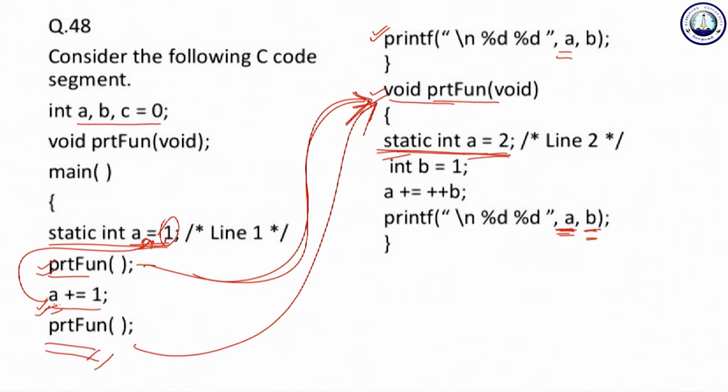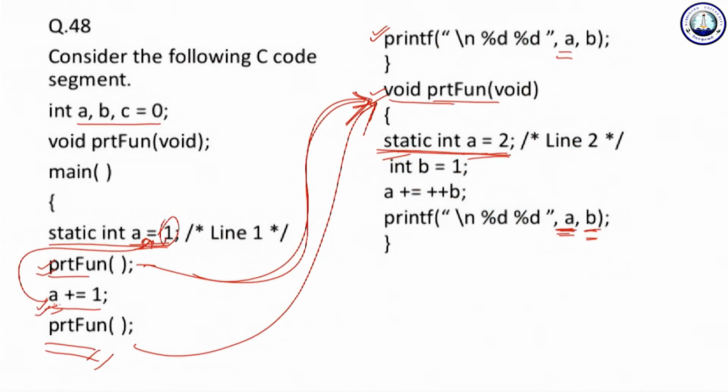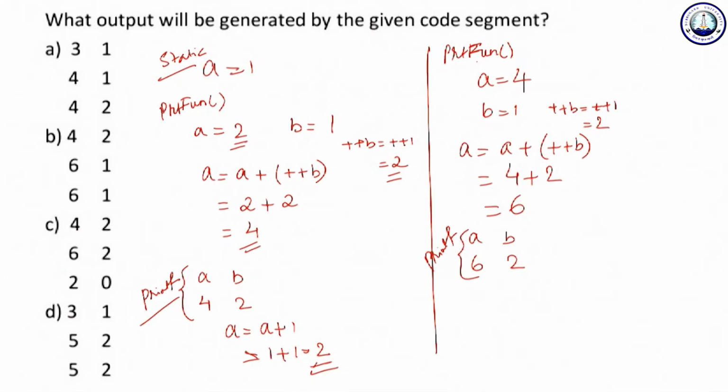What was that value? That value is 2. And what is B? B will be 0 because it is only declared locally within this function. So, A is equal to 2 and B is equal to 0 in the printf.